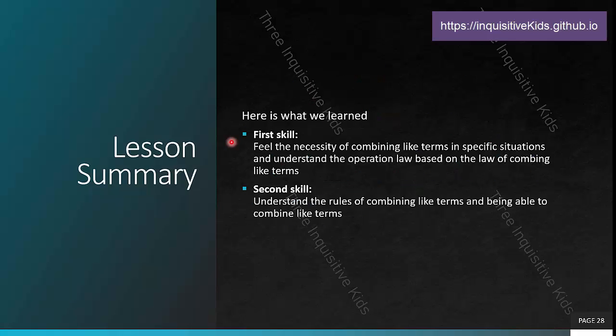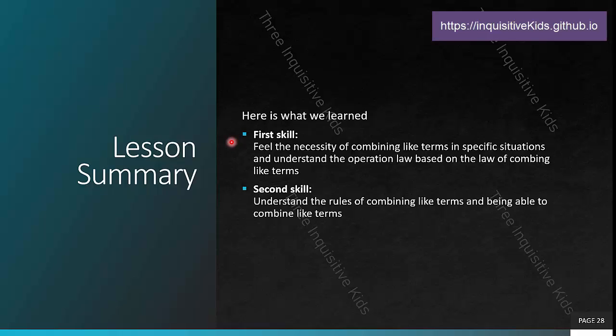Now, lesson summary. The first goal we learned was to feel the necessity of combining like terms in situations and understanding the operation laws based on the laws of combining like terms. And second skill, understanding the rules of combining like terms and being able to combine like terms. So we learned the necessity and the concept.